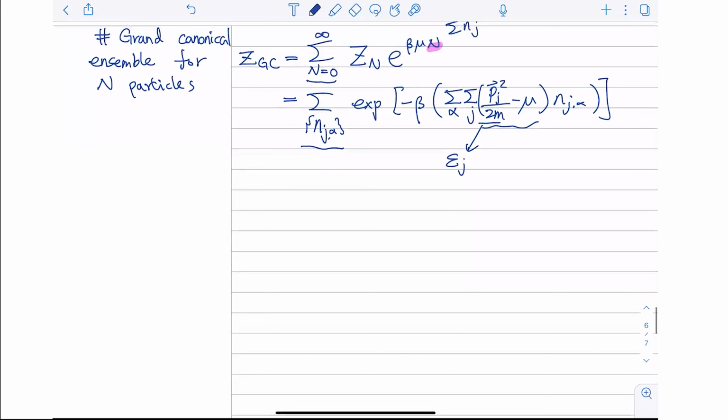So now the question is how to simplify this expression. Here we are going to use the fact that a non-interacting system provides a special structure that the partition function can be factorized.